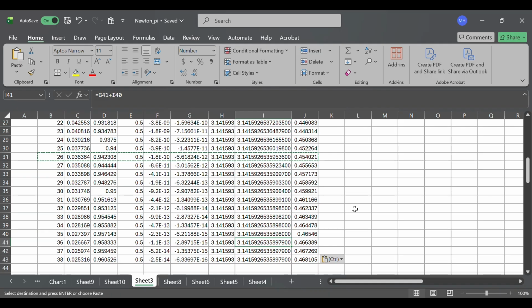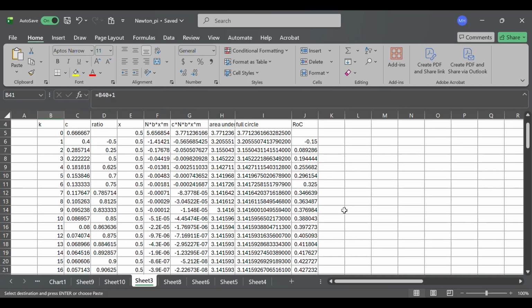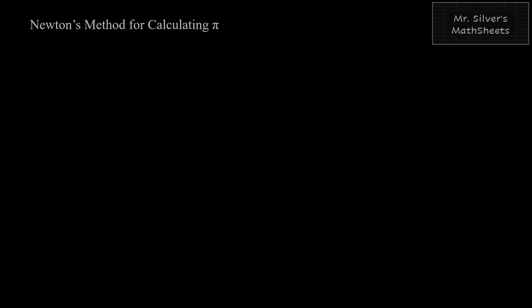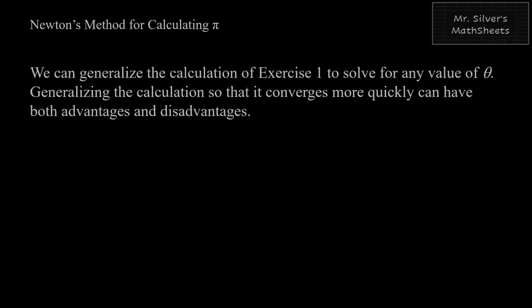It looks like 37 terms are required for it to converge. 36 plus 1, 37, which is more than the 20 that were required when we used pi over 3.